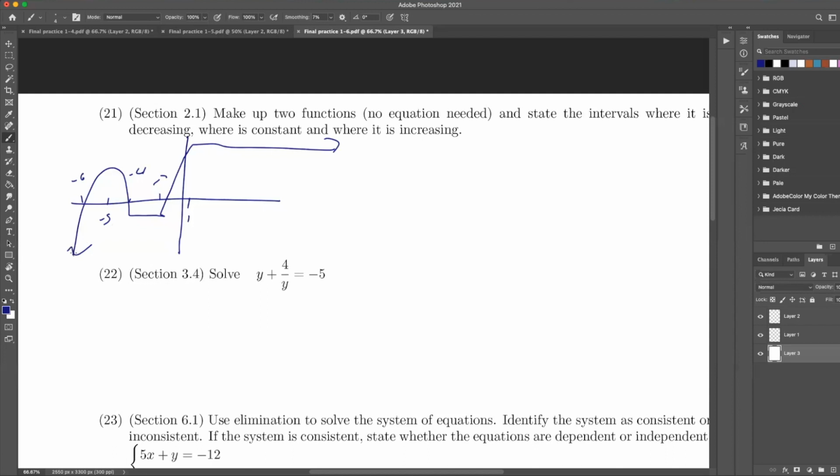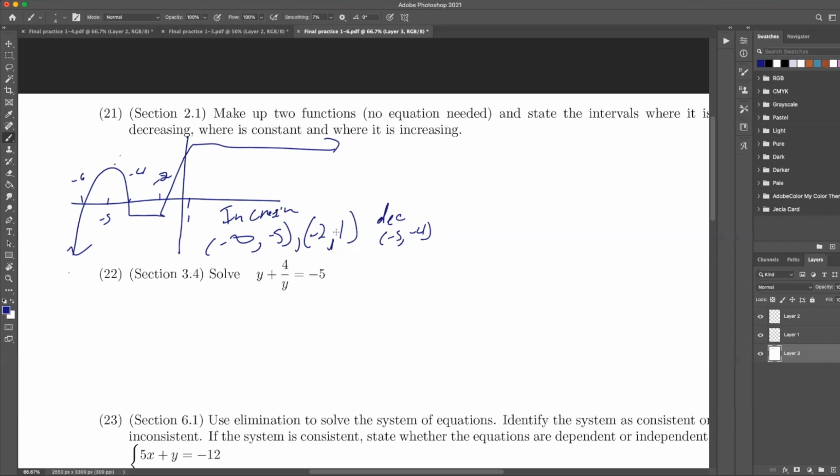So here it's increasing from -infinity to -5. And it's also increasing from -2 to 1. I think your book wants commas, -2, 1. So this is where it's increasing. It's decreasing only from -5 to -4.